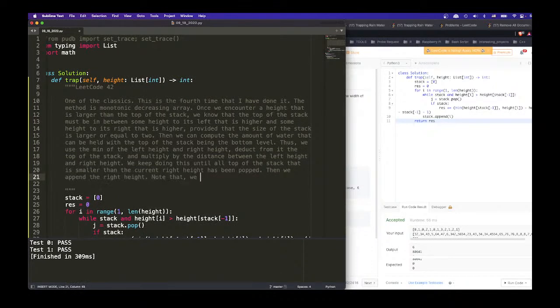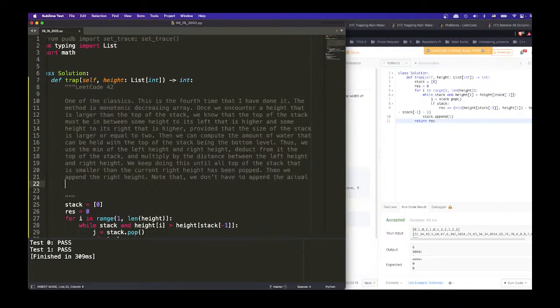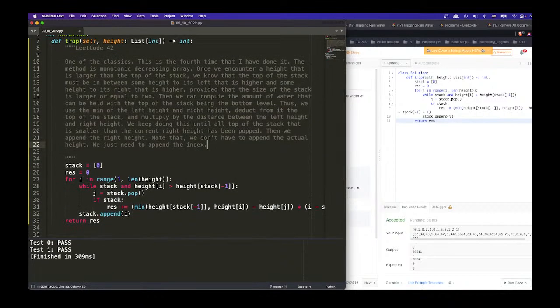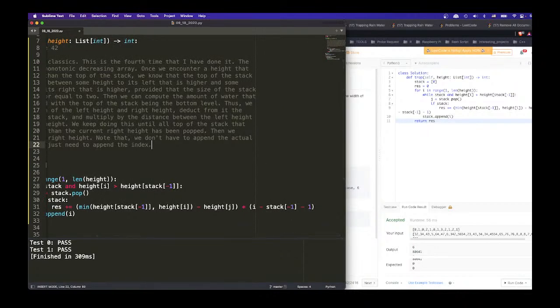Note that we don't have to append the actual height. We just need to append the index. Yeah, I think this is what it is.